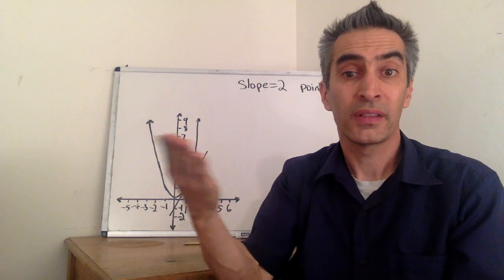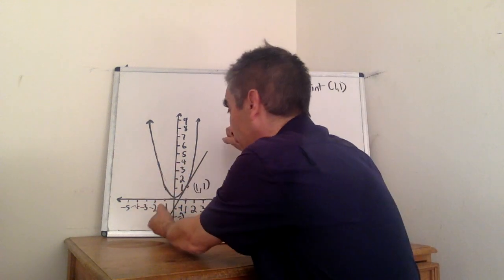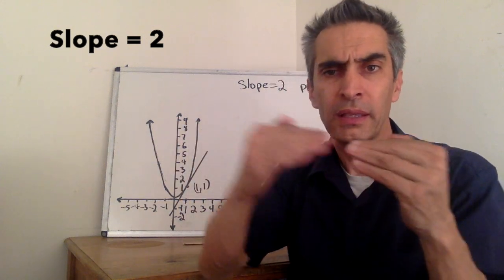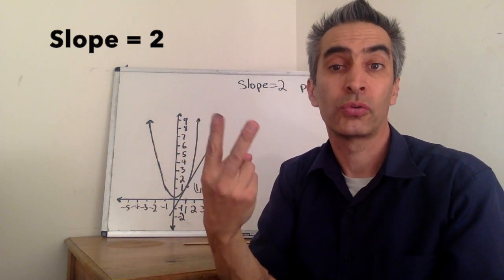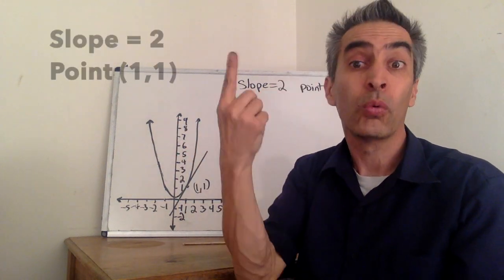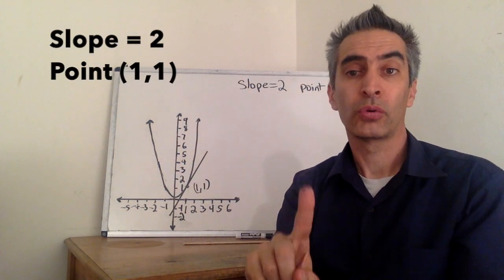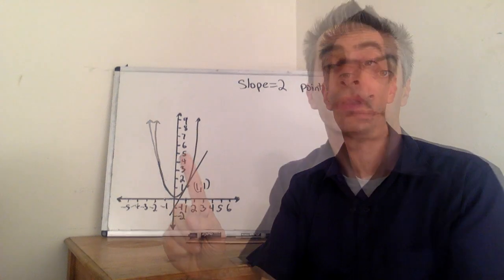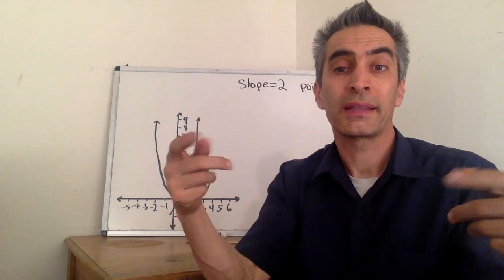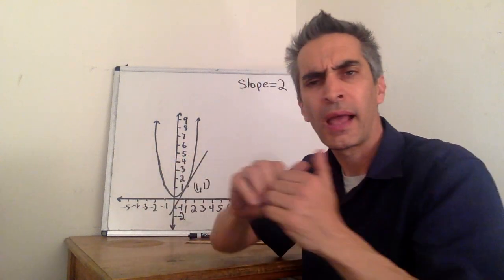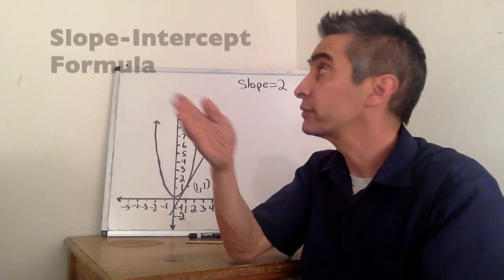Now, we know two things about this line. We know that the slope is 2, and we know that there's one point with the coordinates 1, 1. Now we can calculate the equation for the line. How are we going to do that?